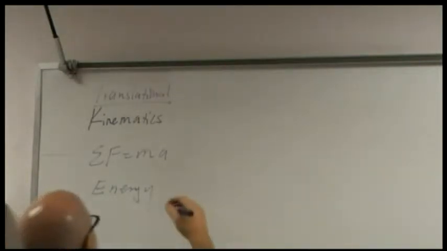We're talking about the translational kinematics, translational dynamics, F equals ma, and the translational part of energy. We are interested only in one point, and that's this point right here. Just the center of mass, and that's it. Only that one point is what we're describing.